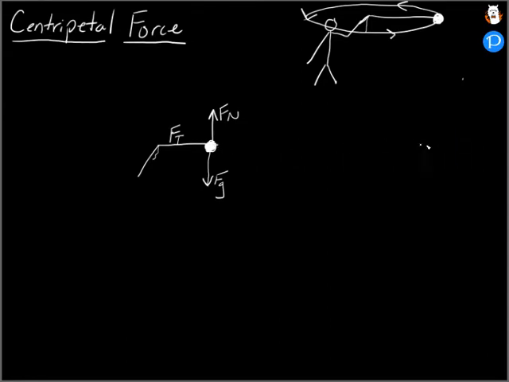It wants to continue to move away, but it can't because of this centripetal force that's constantly accelerating it this way. The main thing we want to know is that there's no force this way, okay? Because if there was, it would balance this out, and then it wouldn't be accelerating, right?